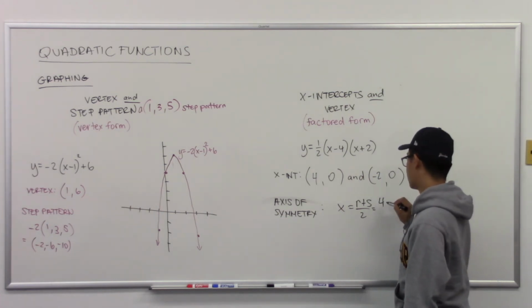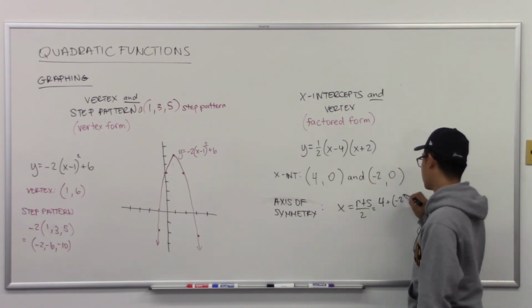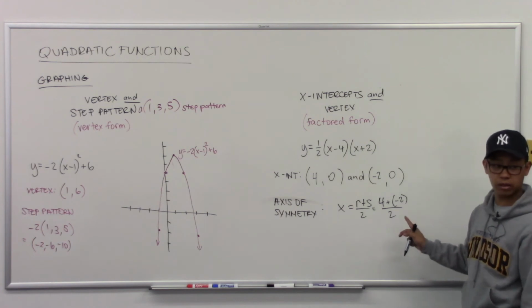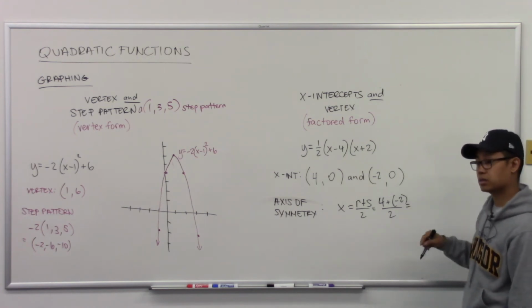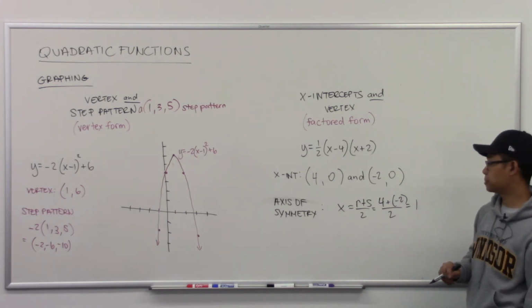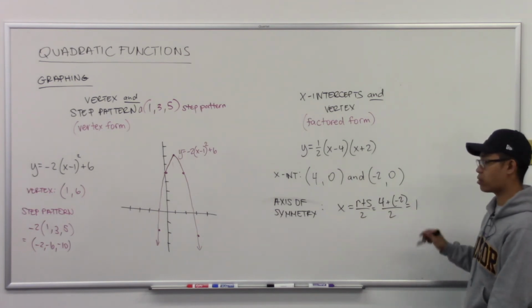Good. So 4 plus negative 2 divided by 2. What did I say to do when you type this in your calculator? Yes. Good. Answer? Yes, it's 1. So x is equal to 1 is your axis of symmetry.